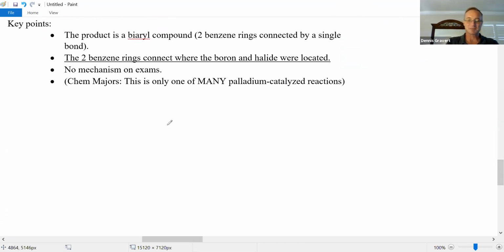Let's do another example. Let's predict the product. And I might put a little subscript s and let you know that there could be 1 or more products. You got to remember the reaction, be able to predict it. How about we draw this molecule?